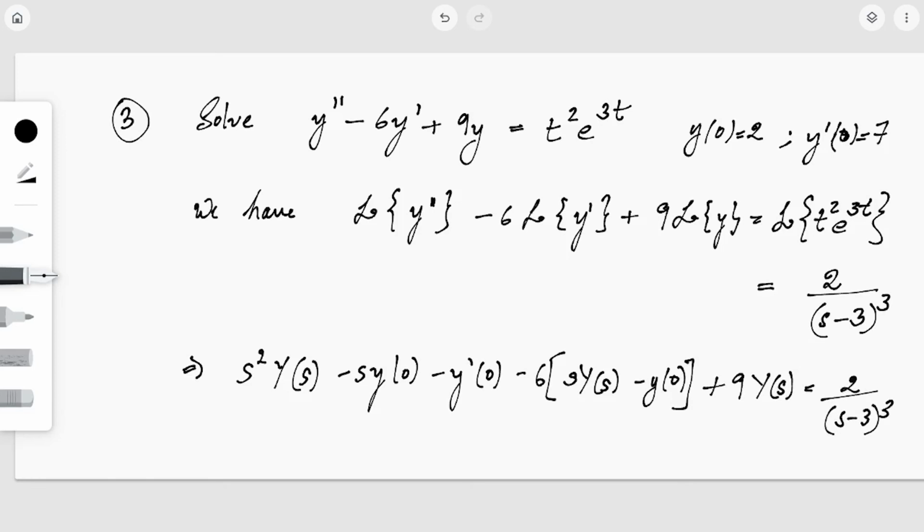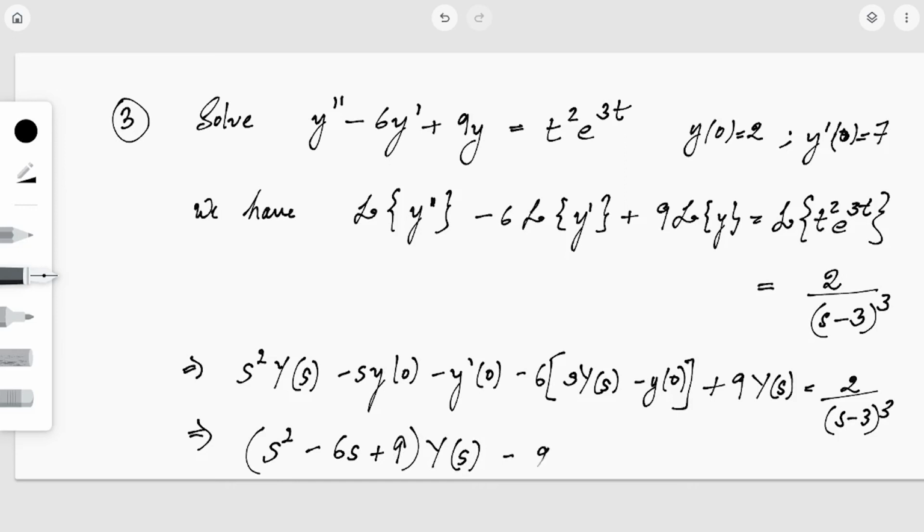Okay, so we'll just simplify it. We'll take the terms of Y of s common. So this is nothing but s square minus 6s plus 9 into capital Y of s minus, what is y of 0?